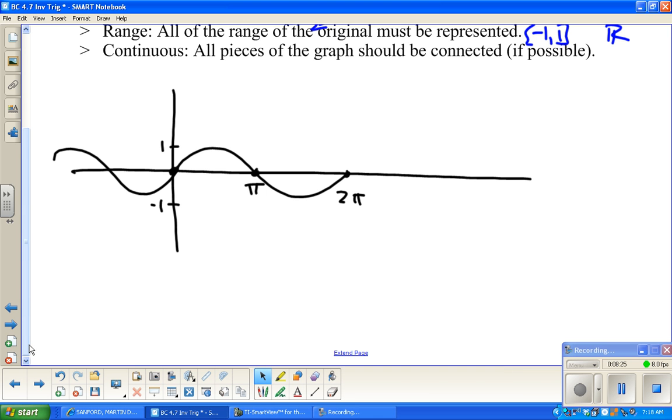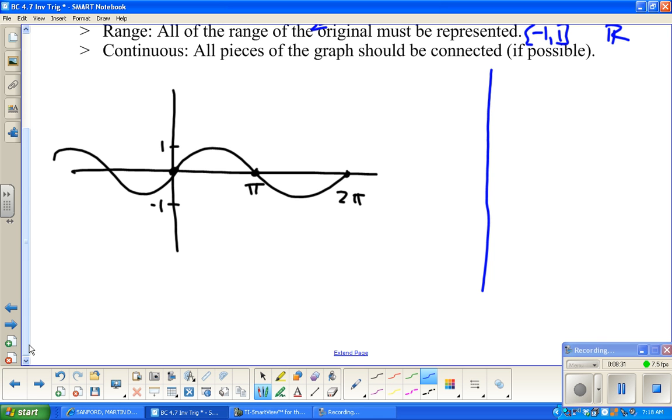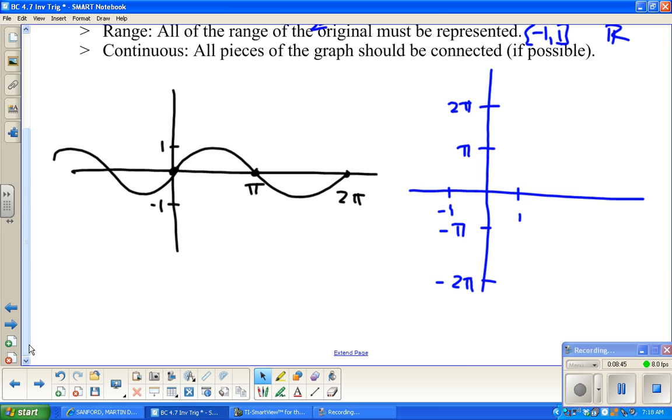When we do the inverse of this thing, here's pi, 2 pi, negative pi, negative 2 pi. We're switching x and y values. This is 1. This is negative 1. Sine starts at (0, 0). It ends up at 1 for pi over 2, and then back to 0 for pi.